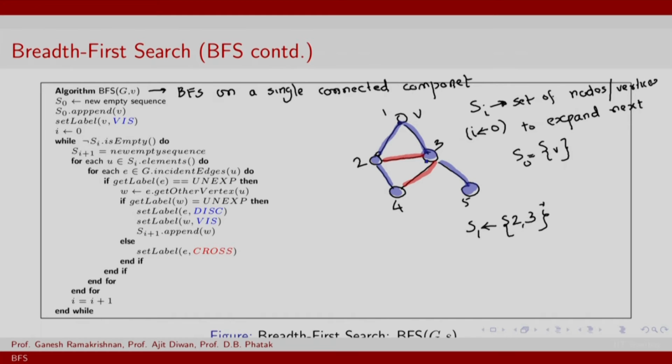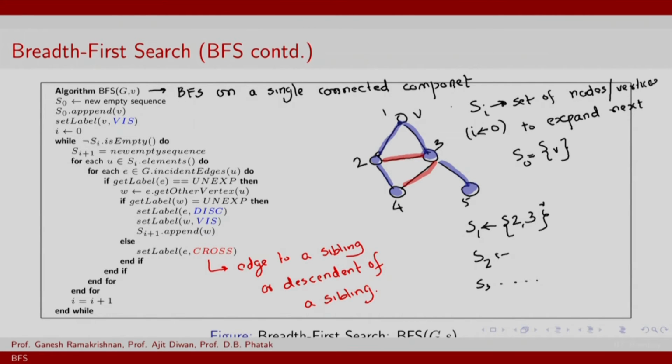So what does a cross mean here? Well, basically a cross means it's an edge to a sibling or descendant of a sibling, and that is precisely why the vertex at the other end of the cross edge turns out to be already visited. So of course you can complete and enumerate your S2 and S3 and so on.